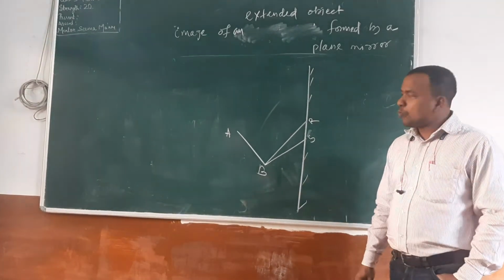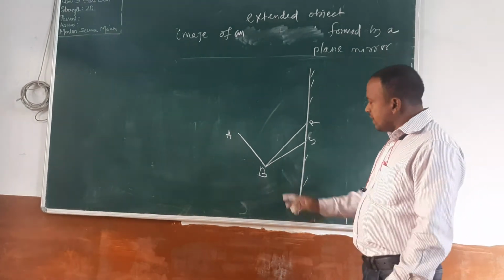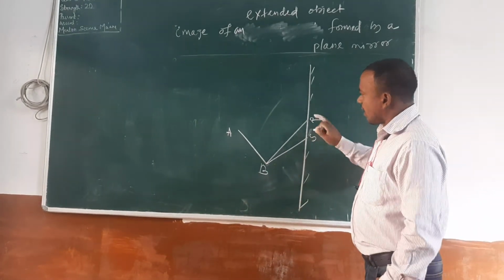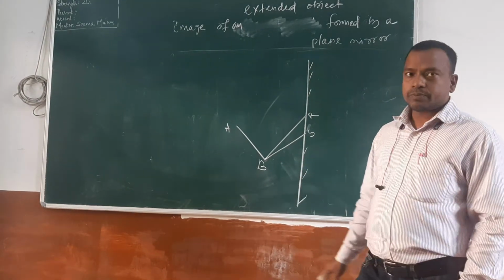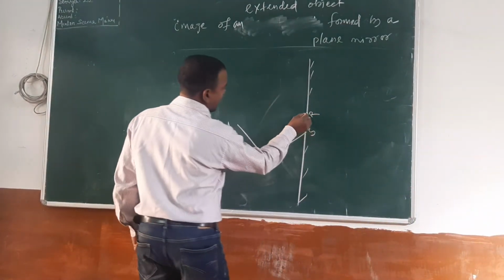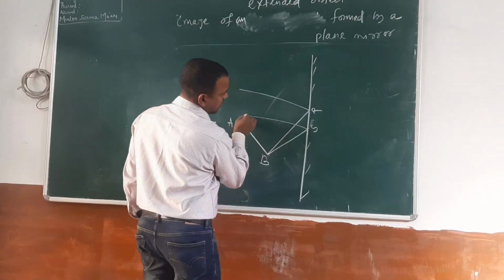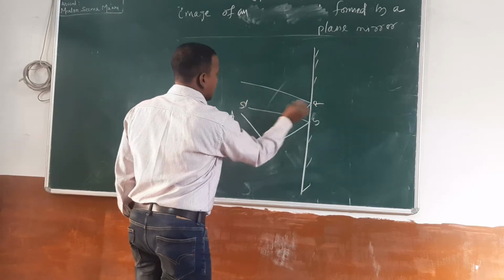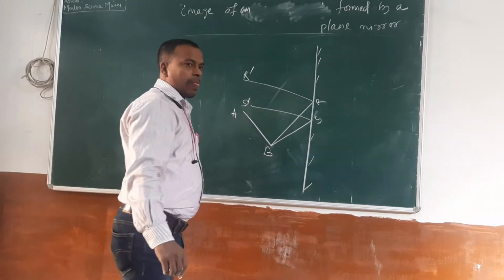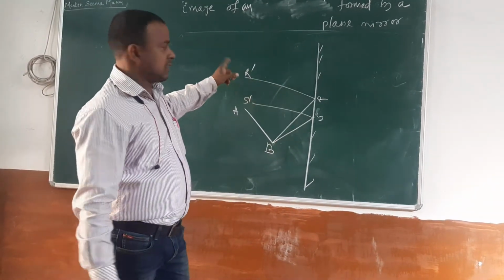Suppose S and R are 2 points from B. Means BS and BR are 2 incident rays incident upon the mirror, and they get reflected like this, as S dash and R dash.